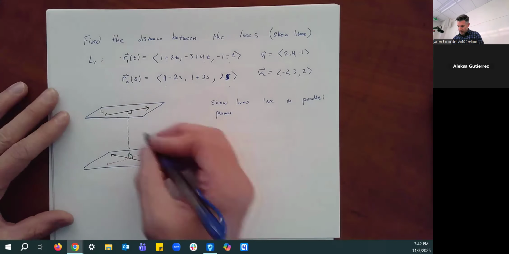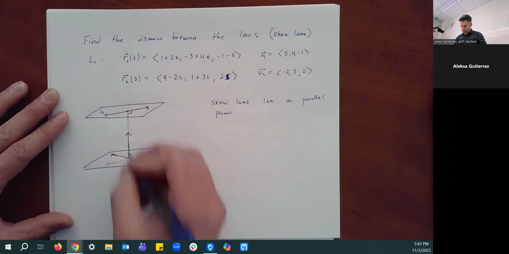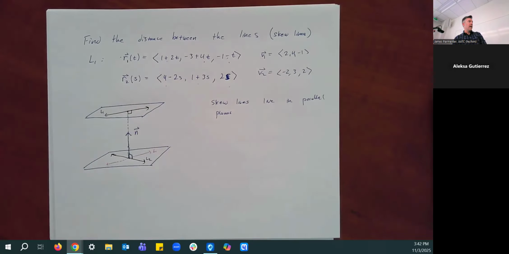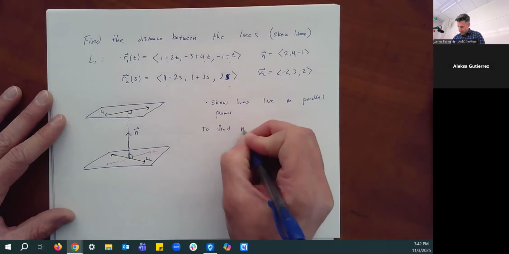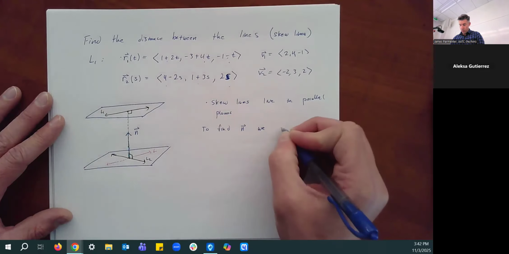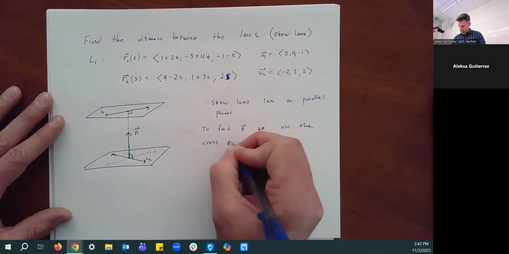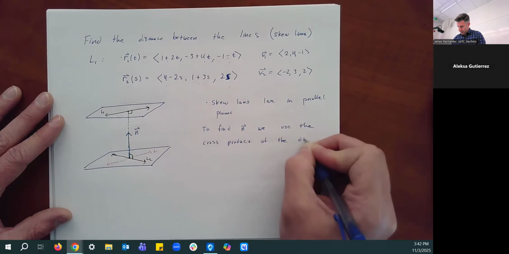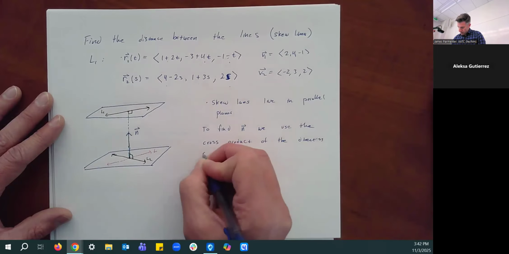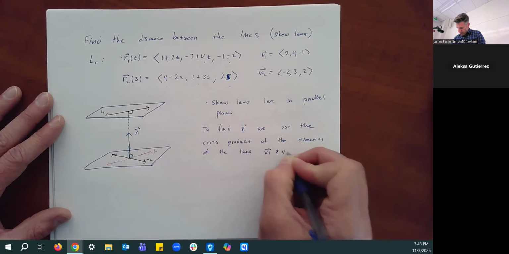So to find, let's call this vector that is perpendicular to both of these planes, the typical choice, n, for a normal vector. And we're going to say that to find n, we use the cross product of the directions of the lines, V1 and V2.